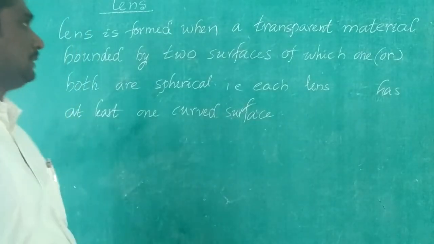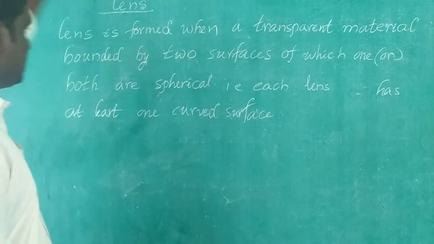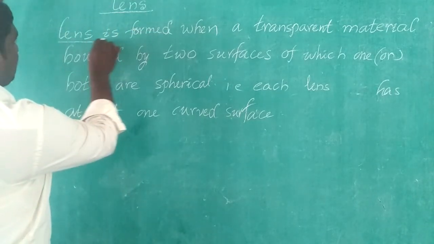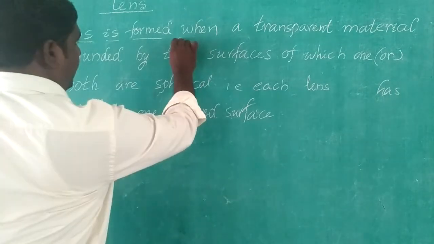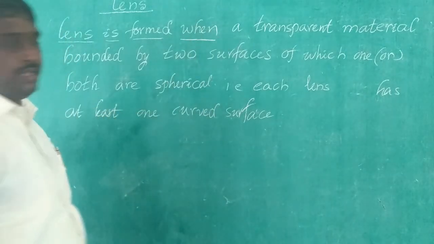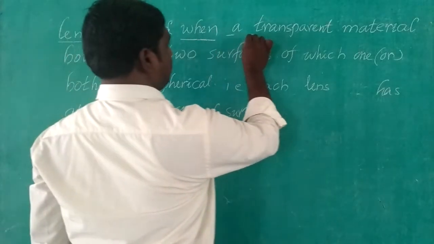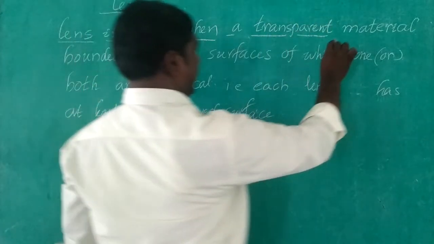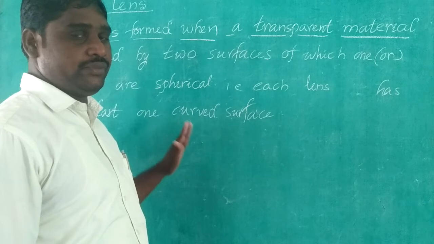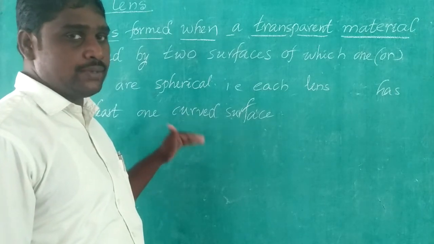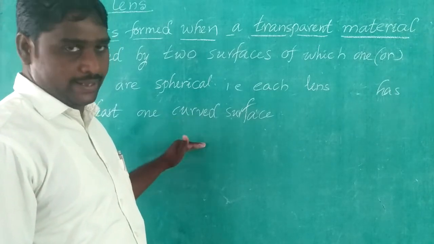Okay, friends, what is a lens? A lens is formed when a transparent material... Transparent material means the materials which allow light through them.